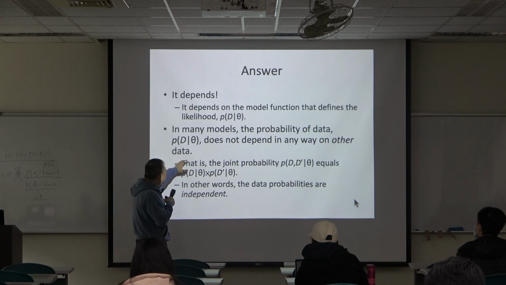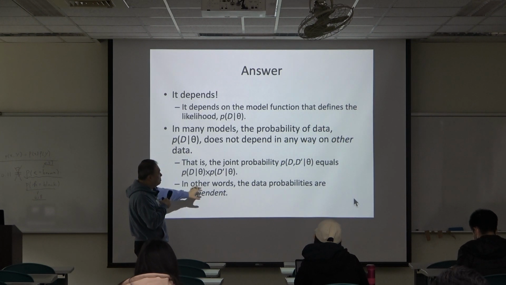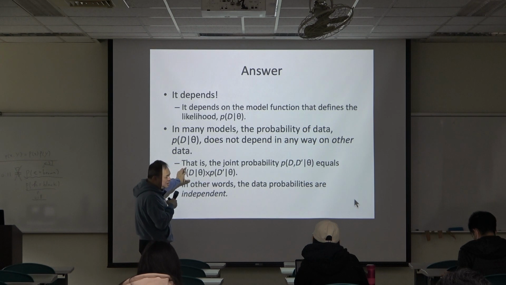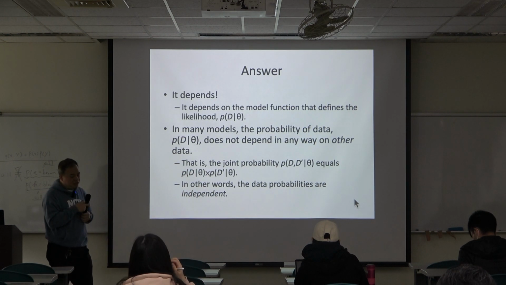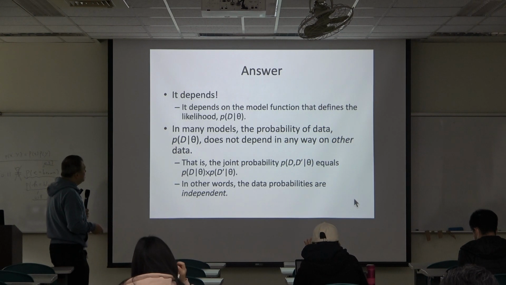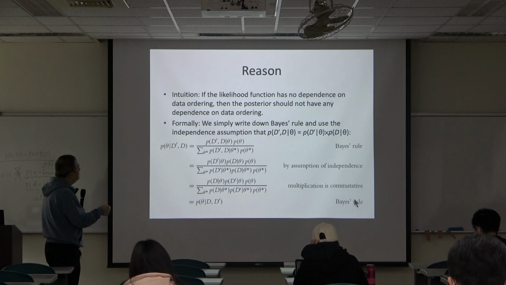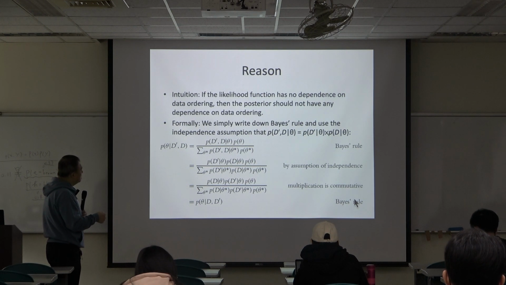Normally it's like that, so in other words, the data probabilities are independent. If you have this, then the order doesn't matter. But it is not always the case. If the likelihood function has no dependencies on data ordering, then the posterior should not have any dependence on data ordering.